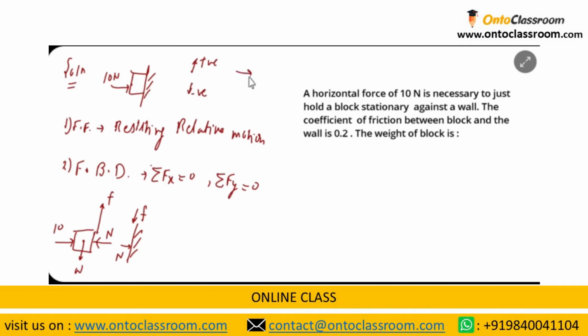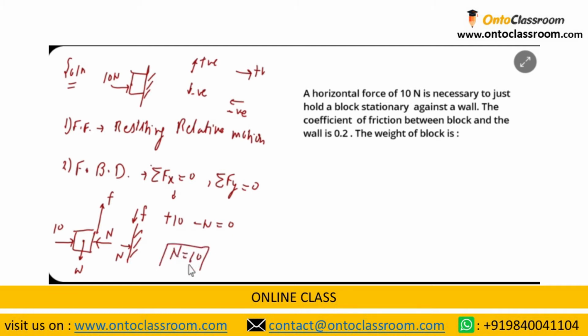Similarly, rightward is positive and leftward is negative. In this question that is not very significant, but you need to know that. Applying the summation of Fx, that will be plus 10 minus N is equal to 0. So you will get N is equal to 10.